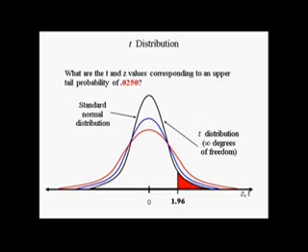The probability that t is greater than 1.96 equals 0.0250 when the degrees of freedom is infinite. If sigma is known, the probability that z is greater than 1.96 equals 0.025 as well.